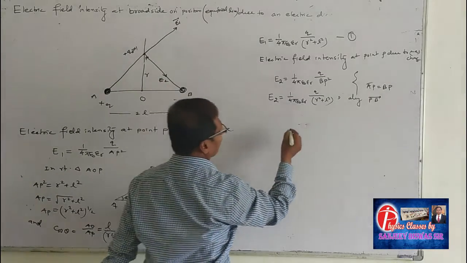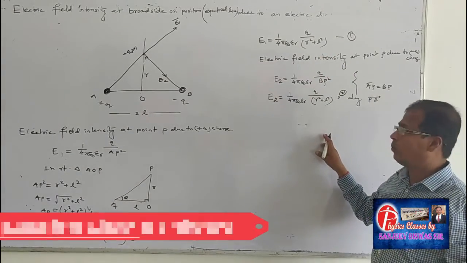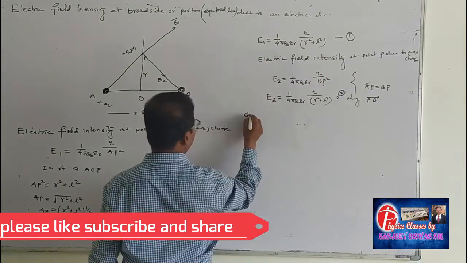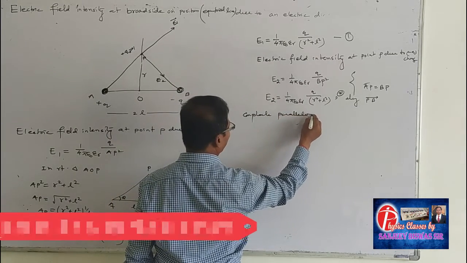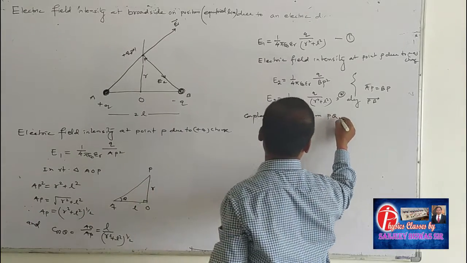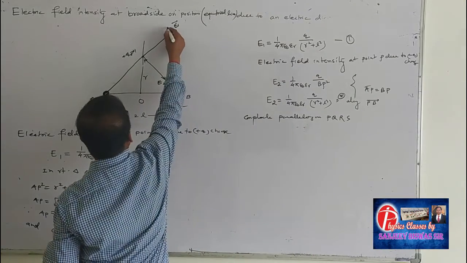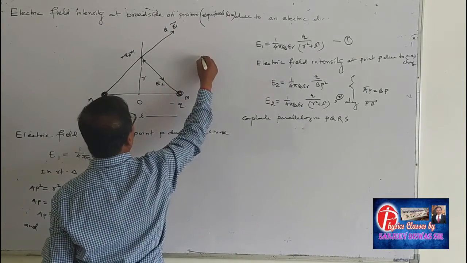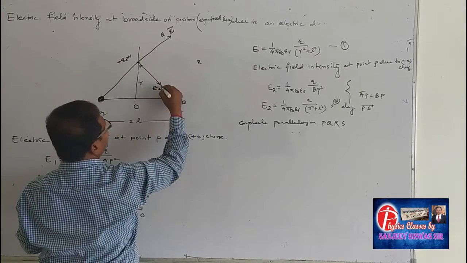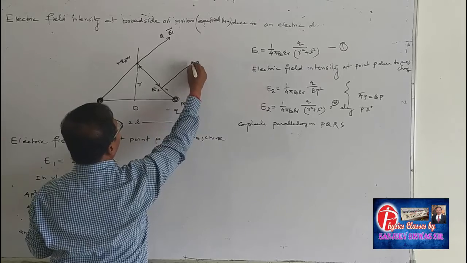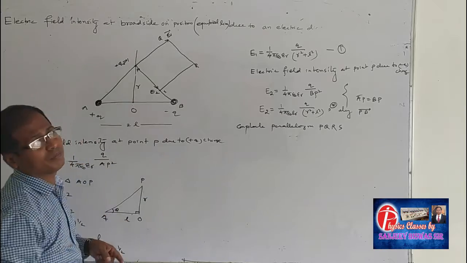So two equations are there, E1 and E2. Now complete the parallelogram PQRS. Suppose this is point P, this is Q, this is R, and this is S. The parallel of this line will be this one, and the parallel of this line is this, so this is a parallelogram.